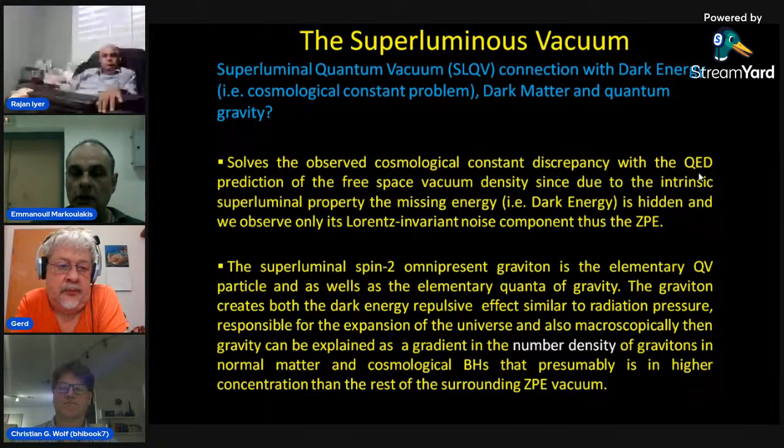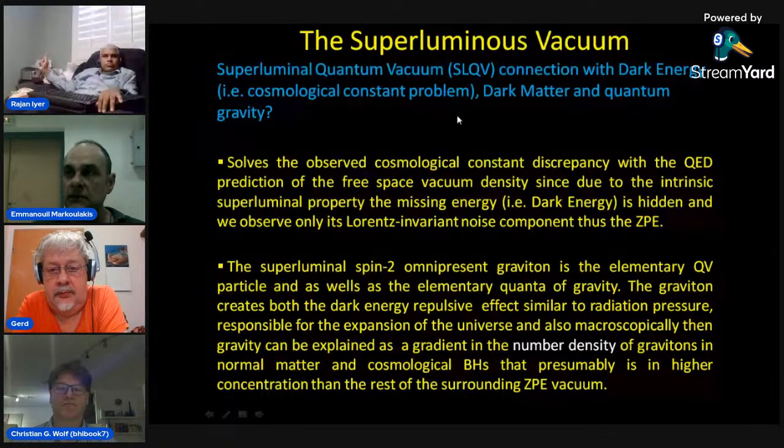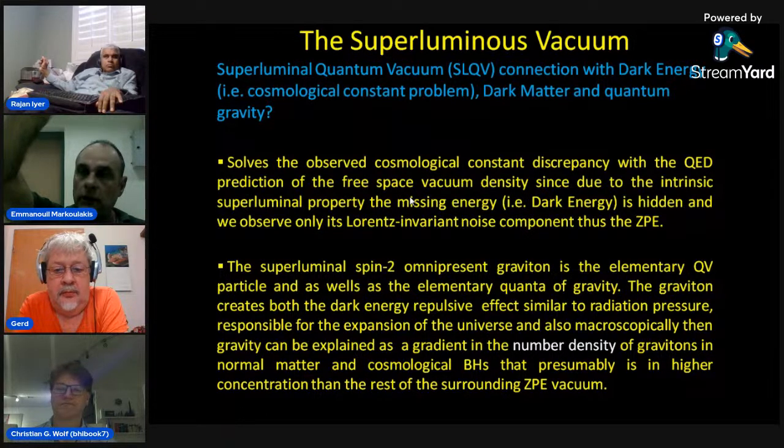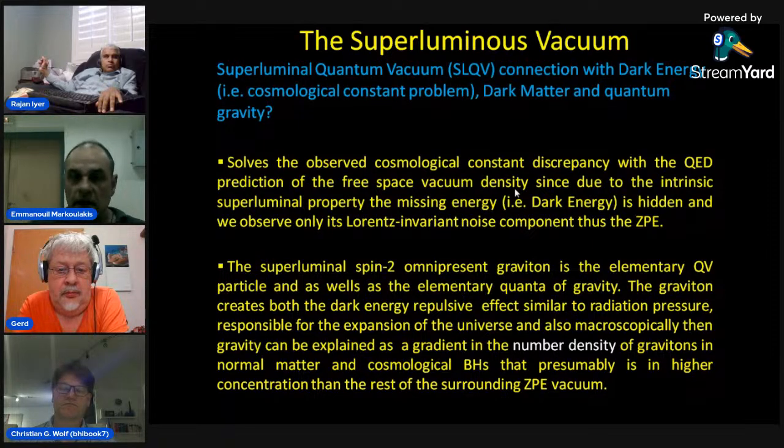But now, if we assign this simple superluminal property to the vacuum and say that it's actually a superluminal type of energy, then the missing energy between the one predicted from QED theory and the one actually observed, because of the accelerated expansion of the universe, is actually the dark energy. And it's hidden energy.